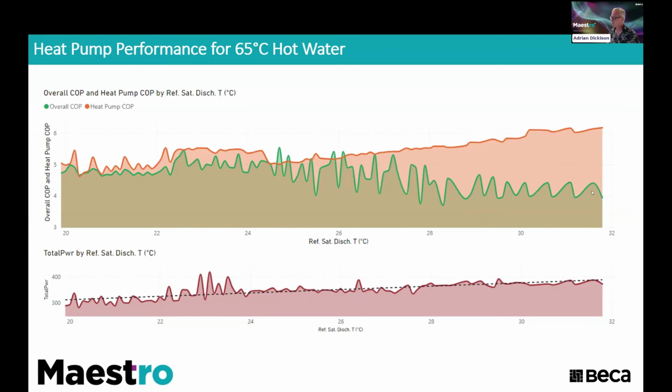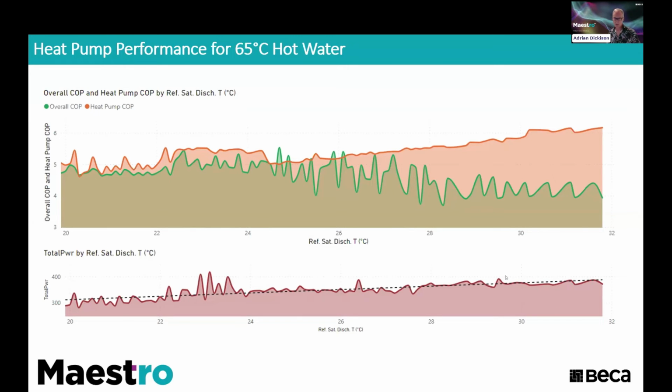So you're going backwards. The reason for that, and you can see here the power trace, the trend of the power trace is going up from around 300 kilowatts, inevitably towards 400 kilowatts. The reason for that is that as long as your heat pump is smaller than your fridge plant, the fridge plant COP dominates the calculation.